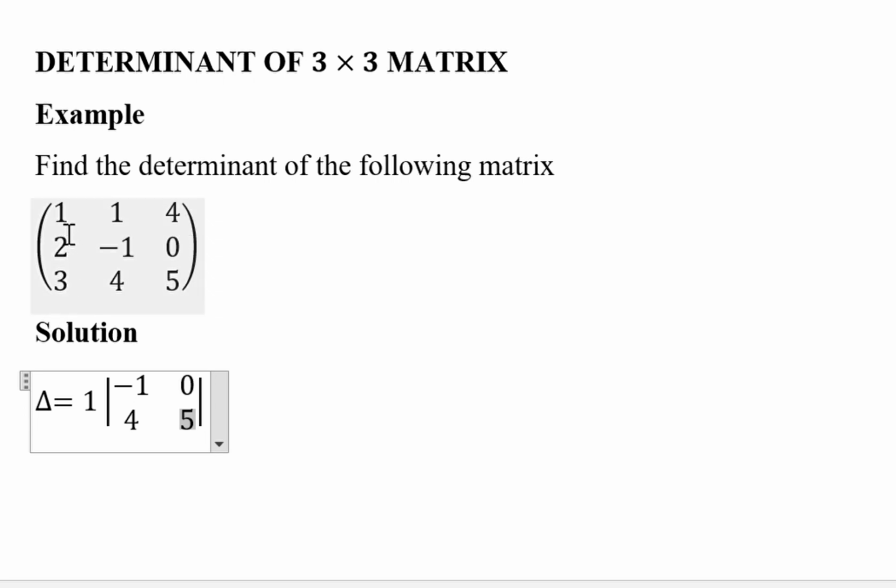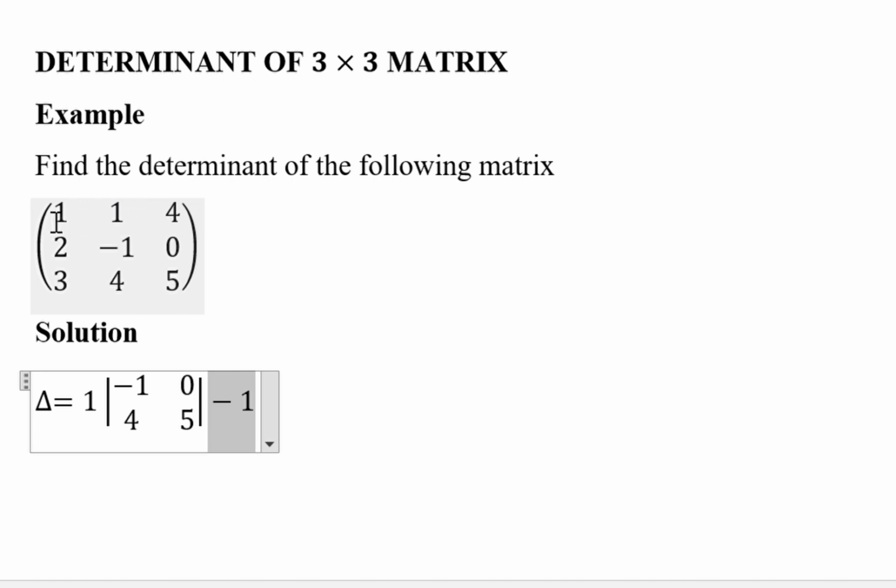After finishing that, you come to the second element here. We reverse the sign. Notice here that this one has a positive sign, so we shall now write it as -1. If it could have been -1 here, then we could have reversed the sign to +1. But now it's +1, we reverse the sign to -1. Cancel the row and the column on which this one is.